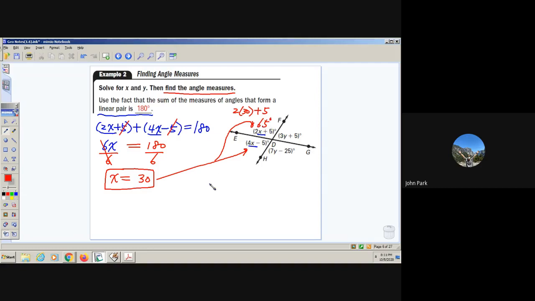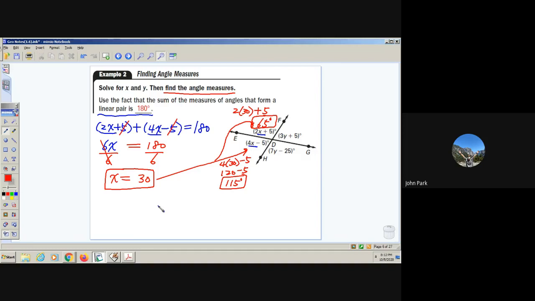Then you plug it in here: 4 times 30 is 120, minus 5, so that's 115 degrees. We know that 65 degrees and 115 degrees together form 180 degrees. So that's correct, because that's the linear pair.